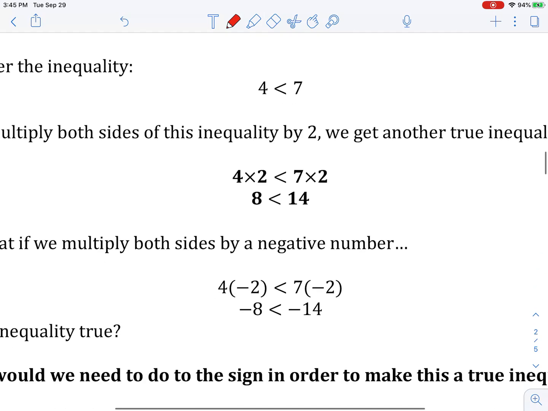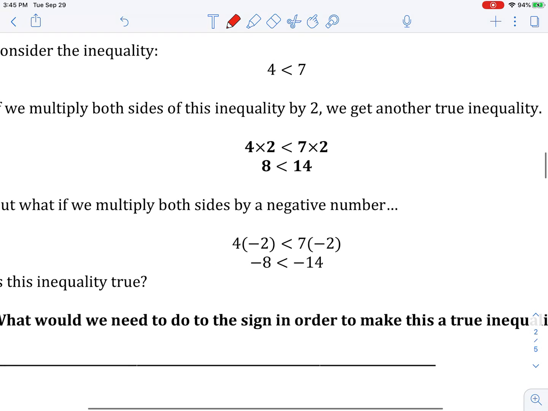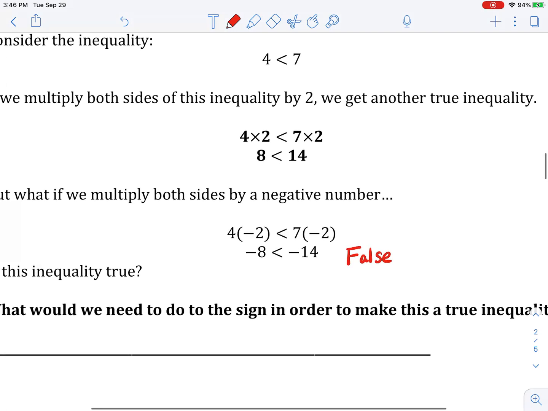It is. But if I suddenly use my multiplication property on both sides and I make the multiplication part negative, so 4 times -2 is less than 7 times -2, then I have a statement like -8 is less than -14. Which is not true, right? This is false. So in order to modify it to make it true, all we need to do is adjust the inequality symbol.